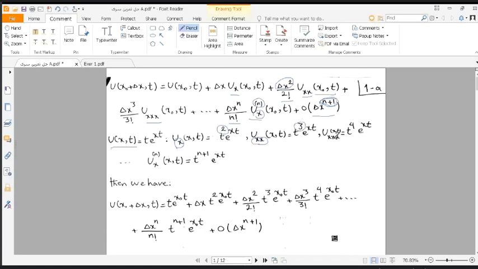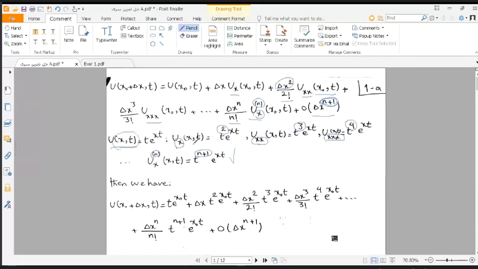When we have the third derivative of u, we have t4. And then when we have the nth derivative of u respect x, we should have t power n plus 1 times e power xt. Is it okay? Do you understand? Okay.